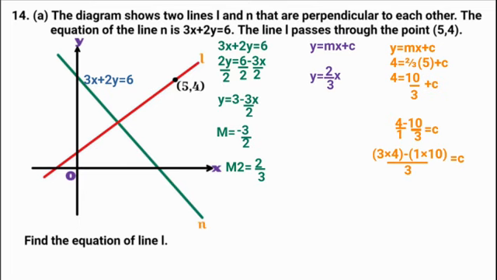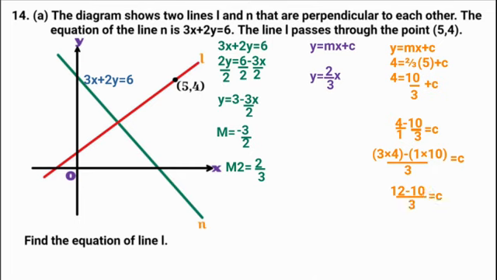Then we're going to evaluate that. 3 by 4 will give us 12, then minus 1 by 10, which gives us 10, over 3, which will be equal to c.